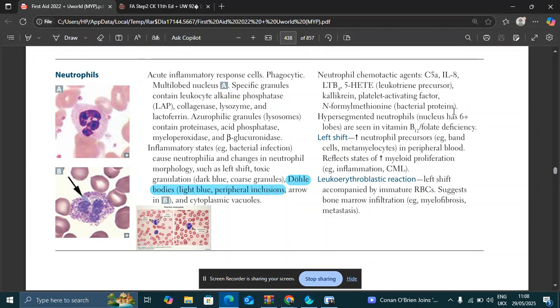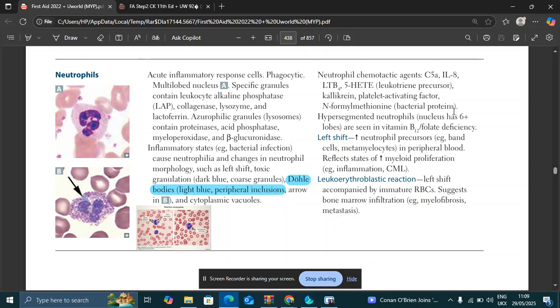In which conditions do we see neutropenia? Usually we see neutropenia in infections, because we are utilizing more neutrophils. Second, certain drugs can lead to neutropenia. Or we can see neutropenia in diseases that infiltrate the bone marrow space.